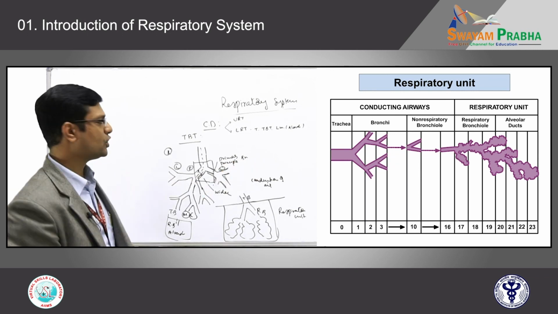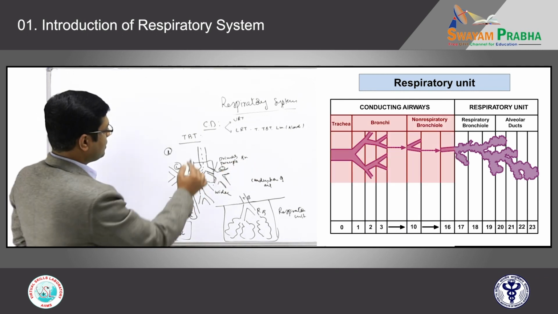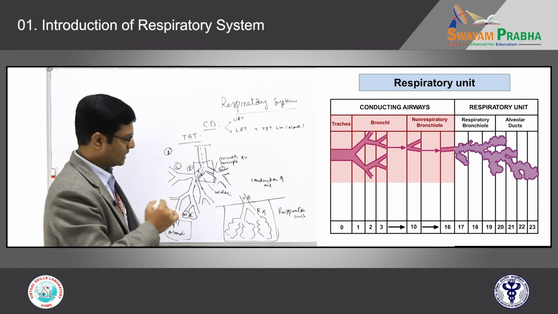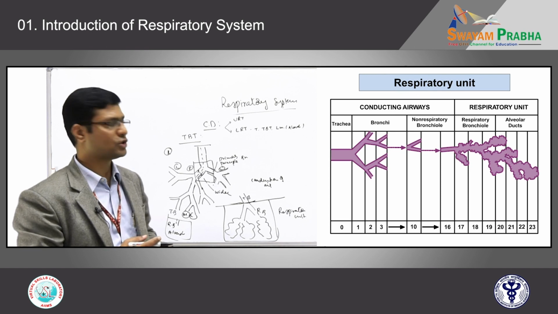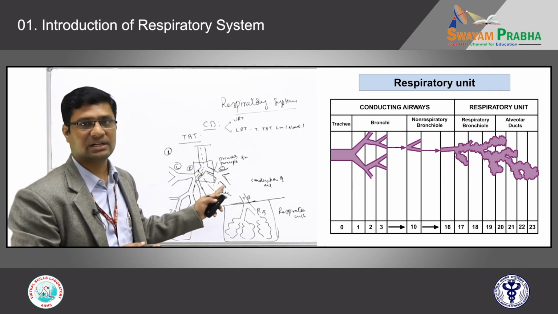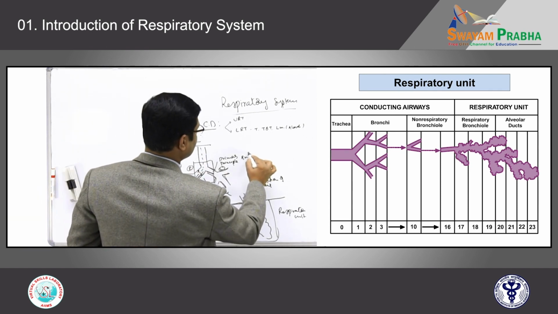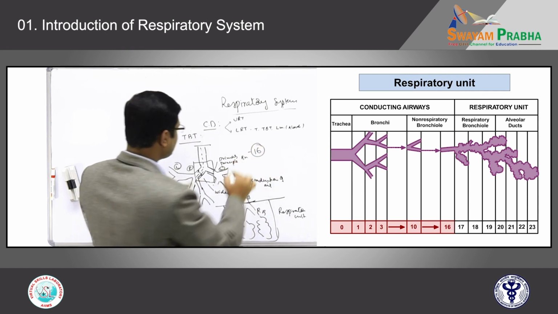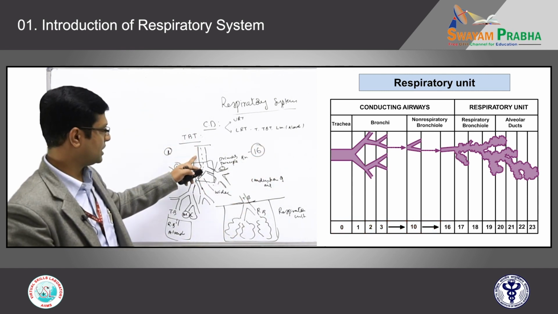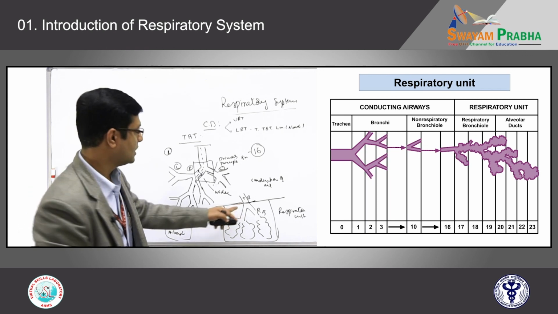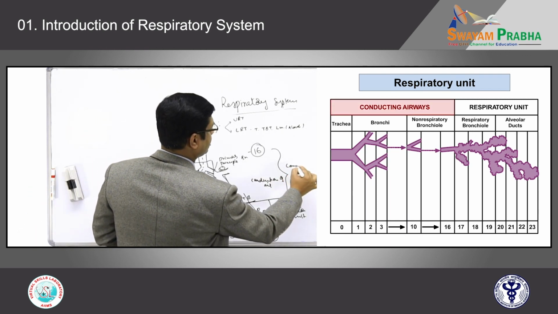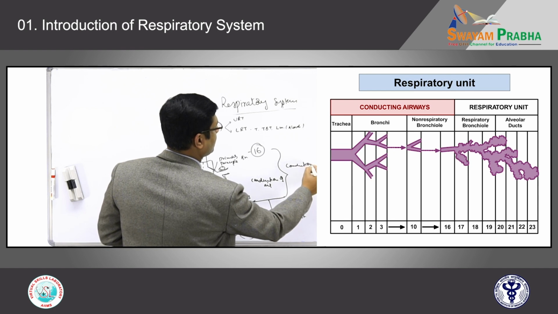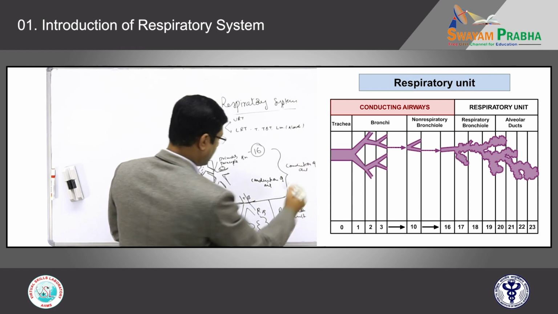One important point all of you should remember is that from the trachea till the terminal bronchiole, the approximate number of branches in the tracheobronchial tree in a healthy individual is 16. These 16 branches serve only for conduction of air.